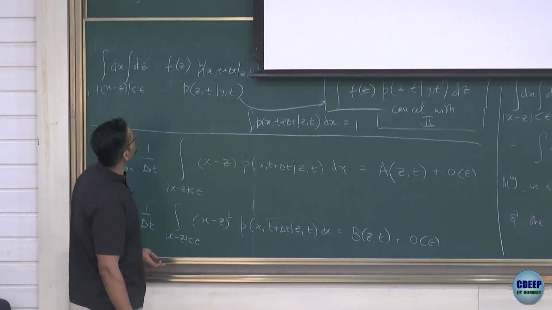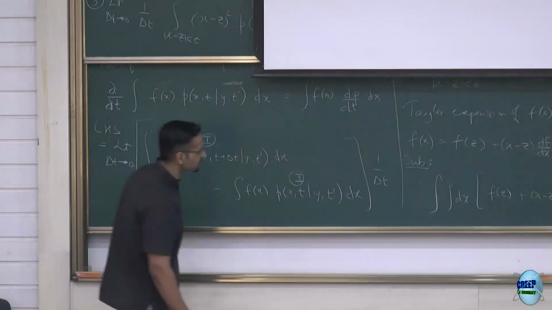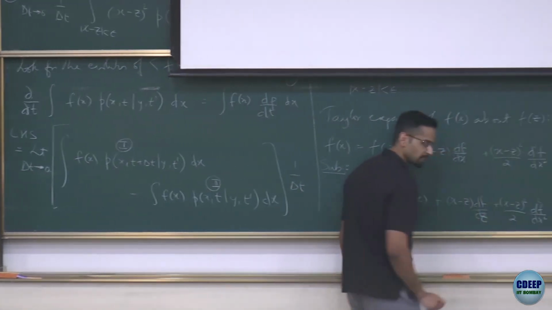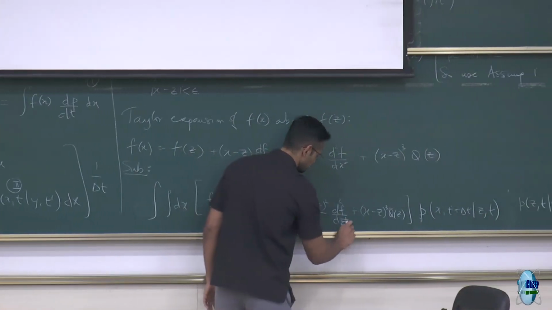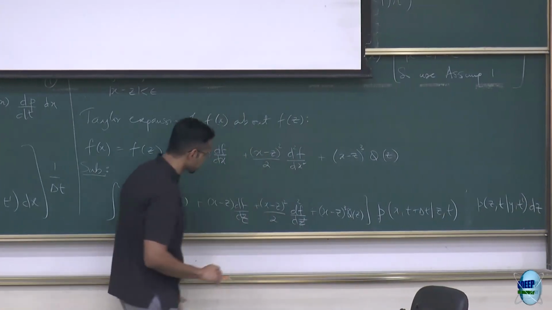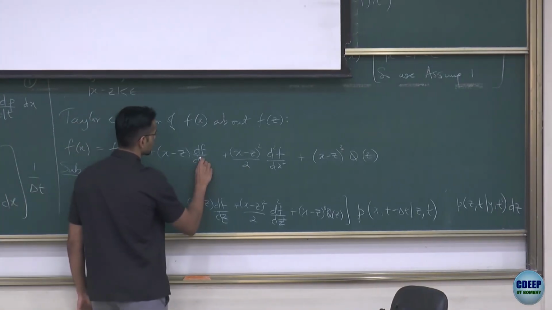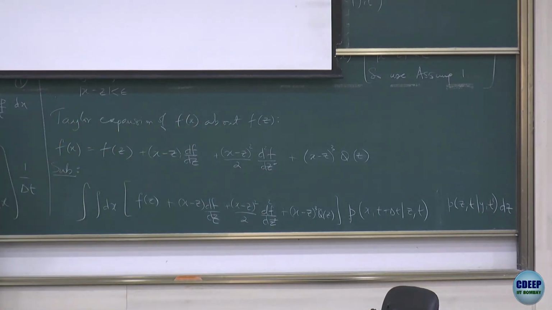Well, I realized I made a notational mistake. When I do the Taylor series, this is a derivative with respect to z.